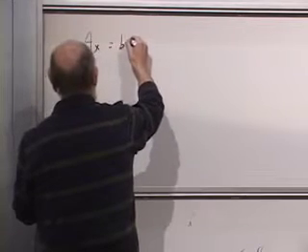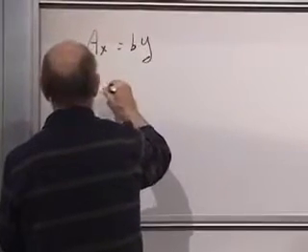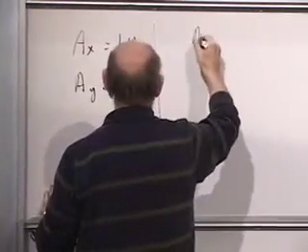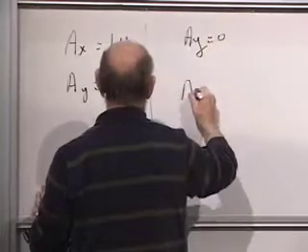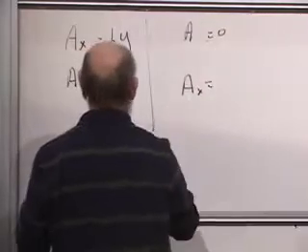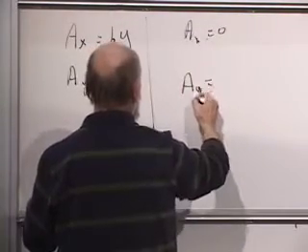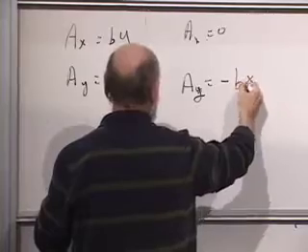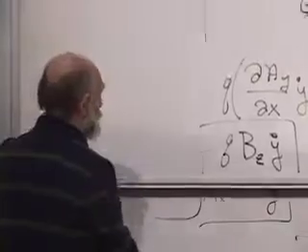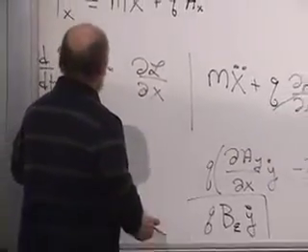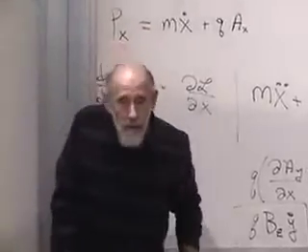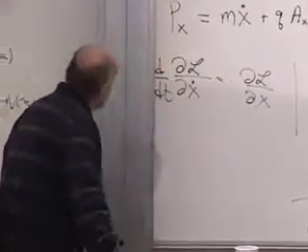Ax equals b y, Ay equals 0, and the other possibility is Ax equals 0, Ay is equal to minus b times x. In the lingo, these would be two different gauges, two different gauges giving rise to the same field. Okay, let's see what we learn from conservation laws.